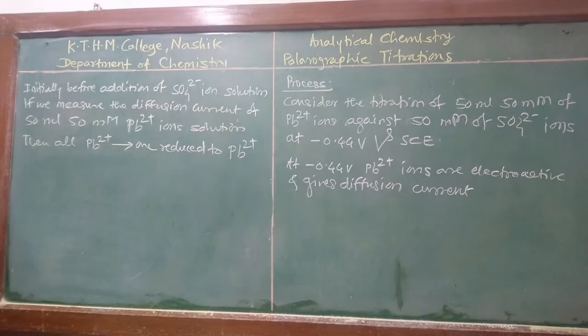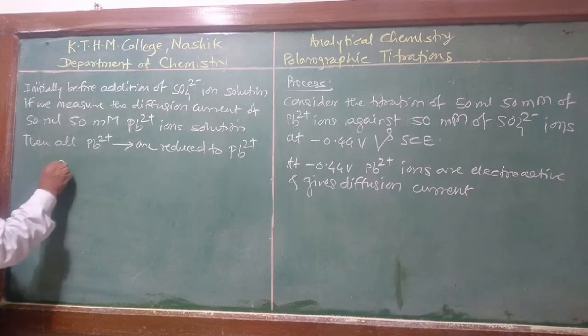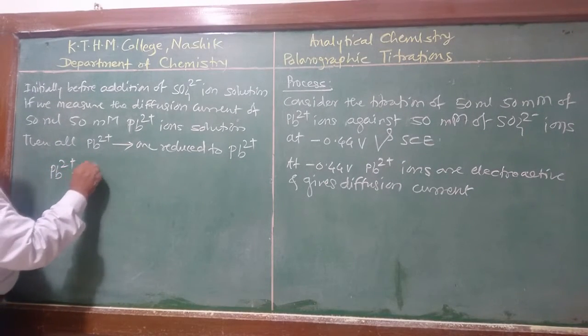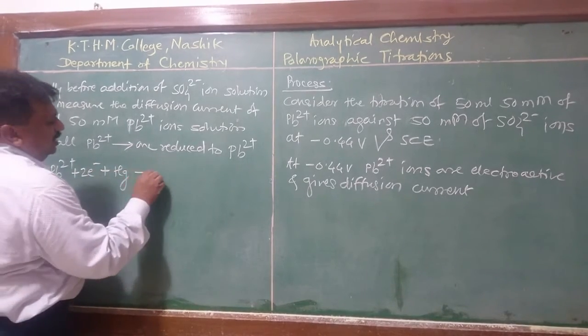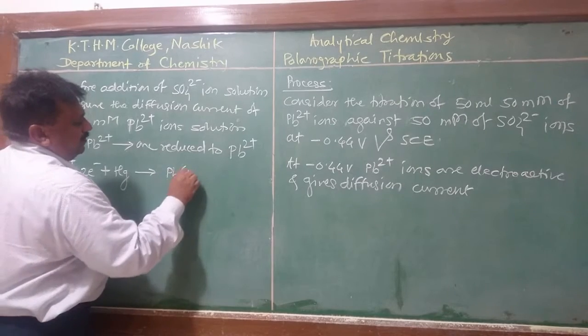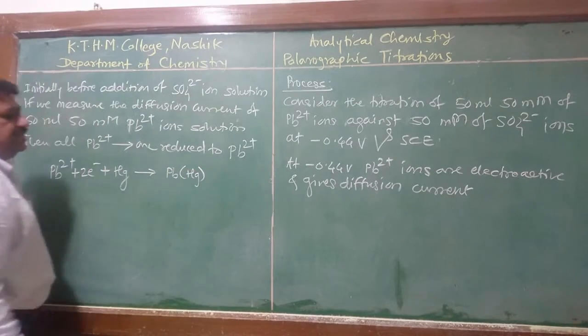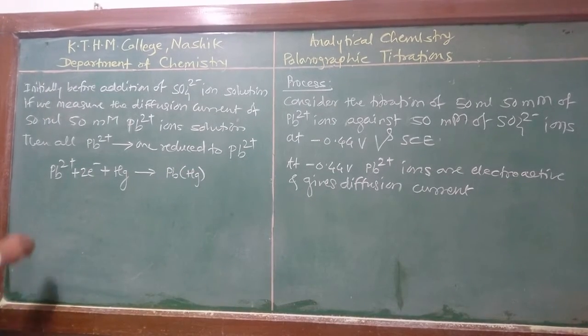That means Pb2 plus plus 2 electrons in the presence of mercury, that is the dropping mercury electrode, gives lead amalgam, and this reaction is irreversible.